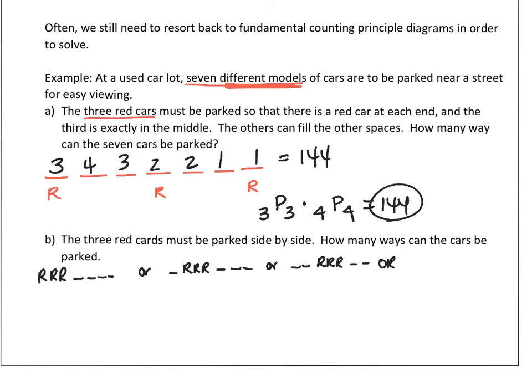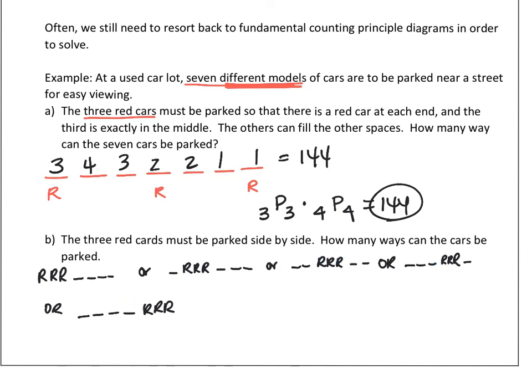Or I could have 3 other cars and then my 3 reds, and then 1 more. Or I could have 4 cars and then my 3 reds, right? So each of these cases, basically I have 1, 2, 3, 4, 5 cases.